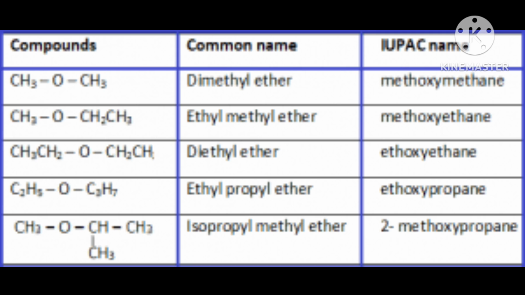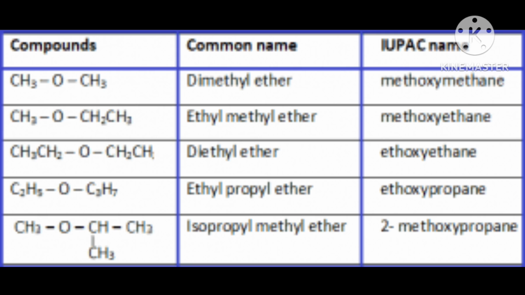Here is a very important thing: the OR group is called the alkoxy group, A-L-K-O-X-Y, alkoxy. The OR group is attached with an R group, and then it becomes ROR. That is the general formula of an ether.